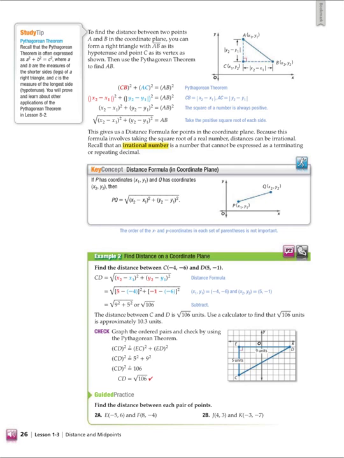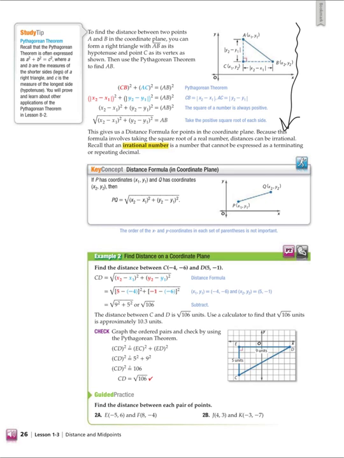Now remember, on a Cartesian plane, or the coordinate plane, or the XY graph, many ways that you've probably heard it referred to, this time when you find the distance, you've got an X and a Y, so you're having to deal with two different things. By looking at a derivation of the formula using the Pythagorean theorem, we can see where the distance formula comes from when we're finding the distance on a coordinate plane.